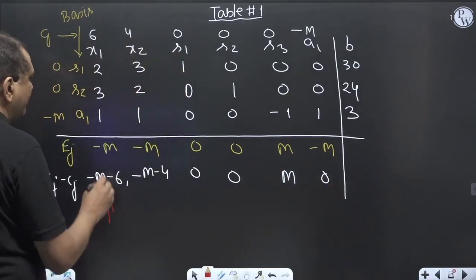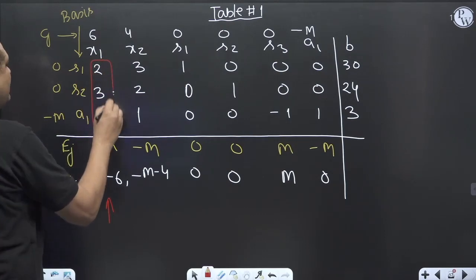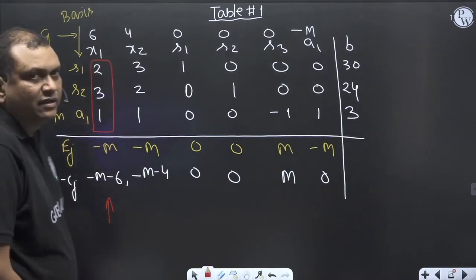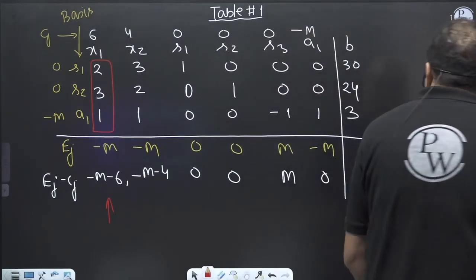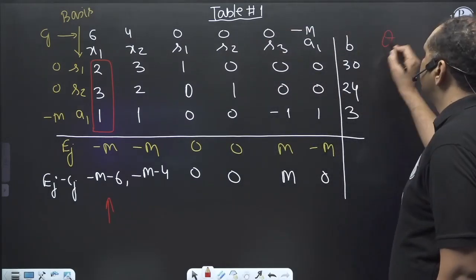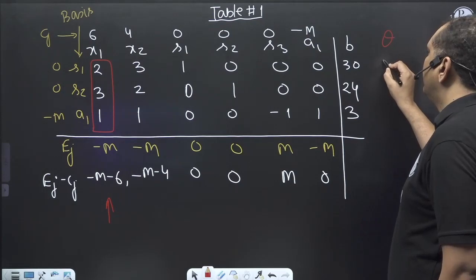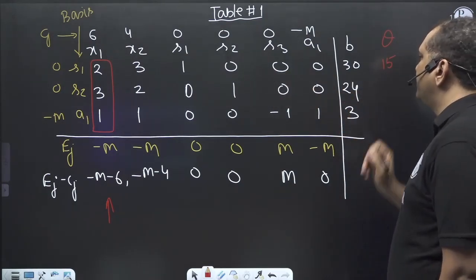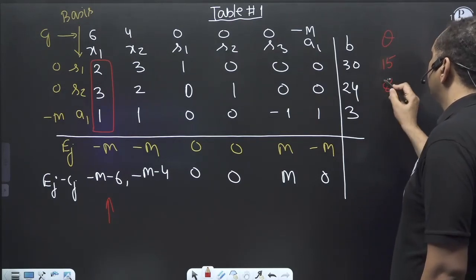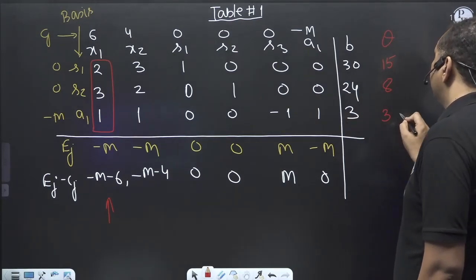The maximum positive value is here. This is the entering column. Pretty much the same thing. Calculate theta. 30 divided by 2 is 15. 24 divided by 3 is 8. 3 divided by 1 is 3.